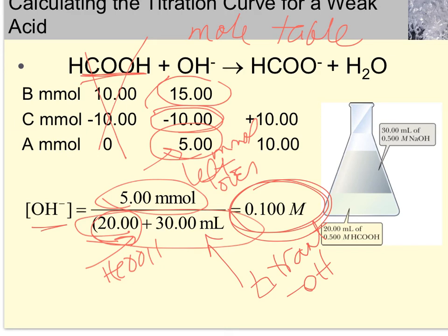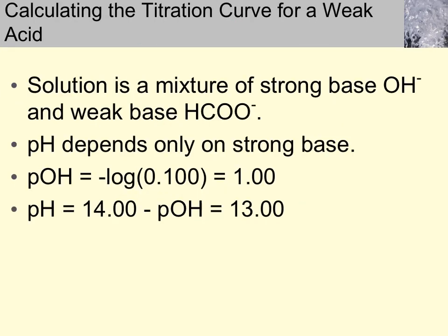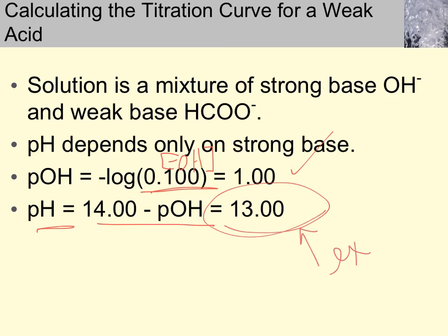We can get the pH from that. So we have to get pOH first, of course, minus log of the hydroxide concentration. And that gives us a pOH of 1. pH then is 14 minus that. So our pH, when we've added excess hydroxide, is 13, which is what you would expect.